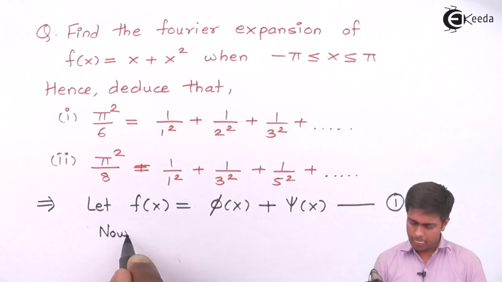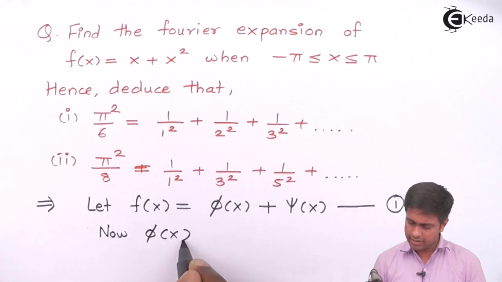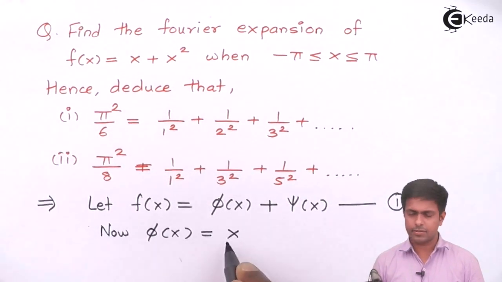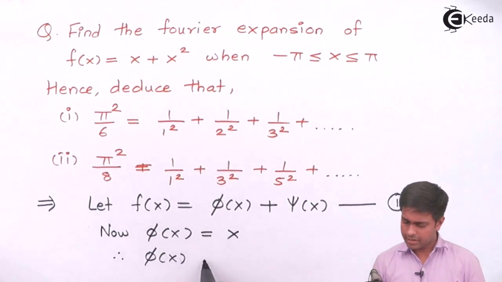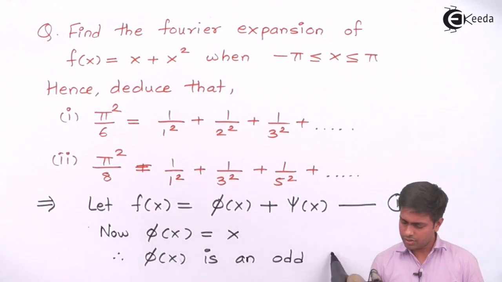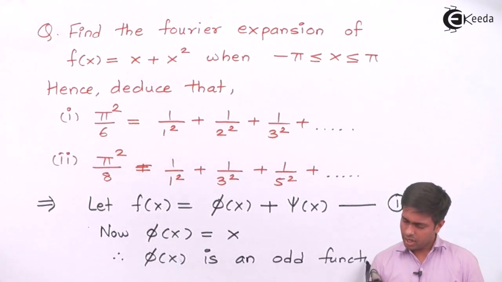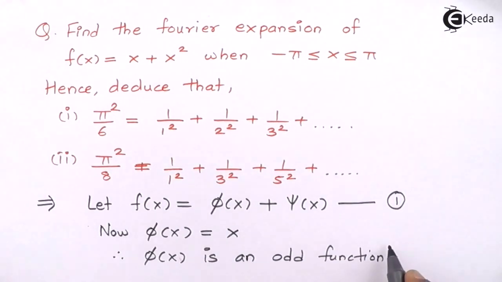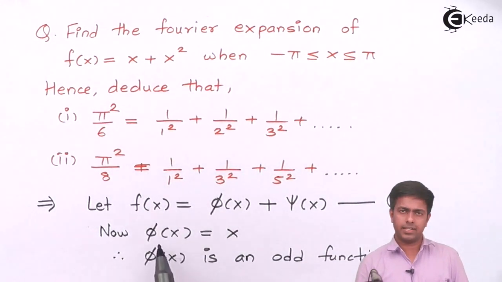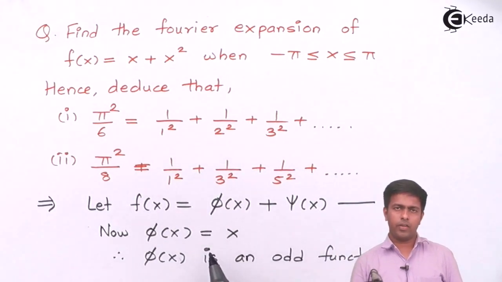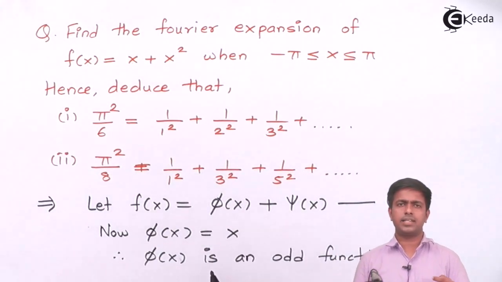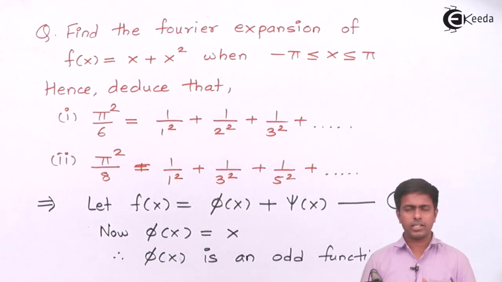Now phi of x is equal to x, and therefore phi of x is an odd function. So guys, how did we get it as an odd function? If you put x as minus x, you'll get the answer as negative x. So whenever you get phi of minus x equal to minus phi of x, it is called an odd function.